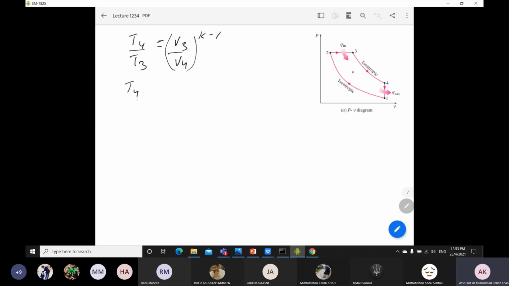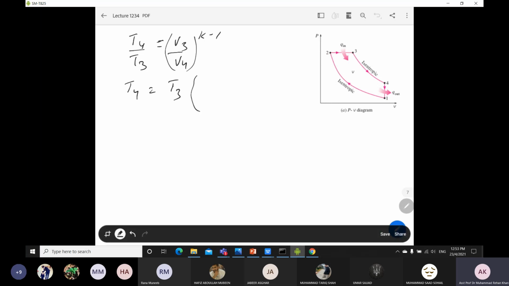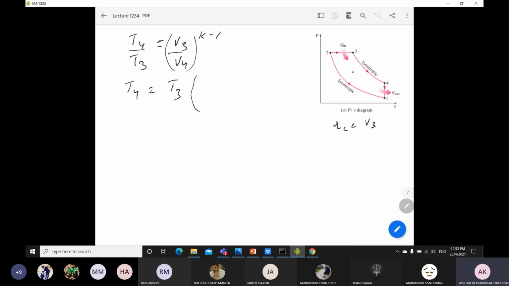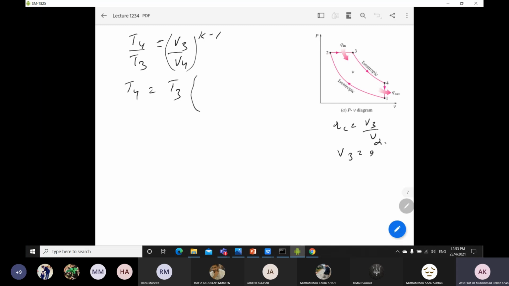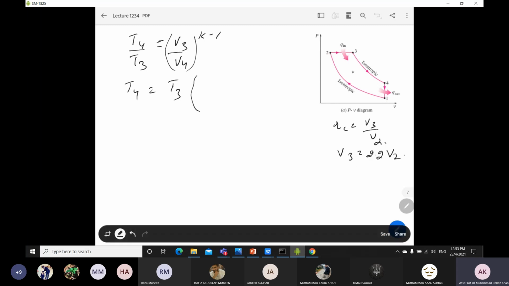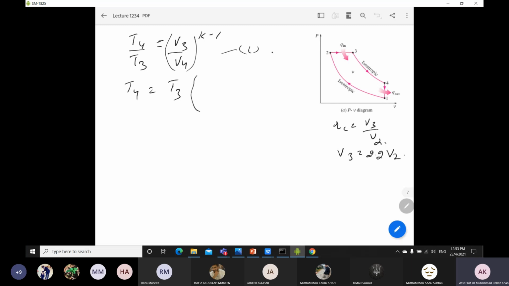Okay, so from here T4 is equal to T3 times that, and you already know that RC is equal to V3 over V2, and V3 is equal to, so RC value is given in your question, 2.2 into V2. Okay, so you can put this V3 value in equation number 1, and this turns out to be 2.2 V2 over V4 to the power k minus 1.